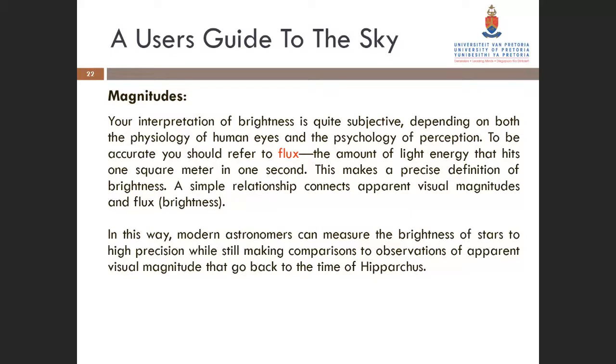Does that clarify a little bit more? Cool. So in this way, modern astronomers can measure the brightness of stars to high precision while still making comparisons to observations and apparent visual magnitude that go back to the time of Hipparchus.